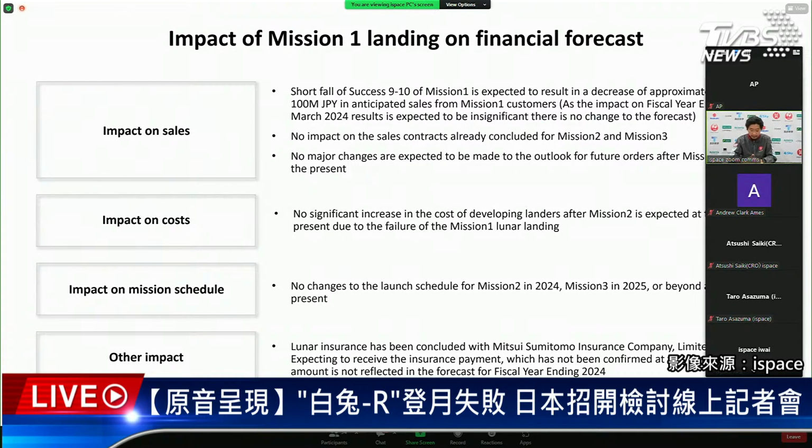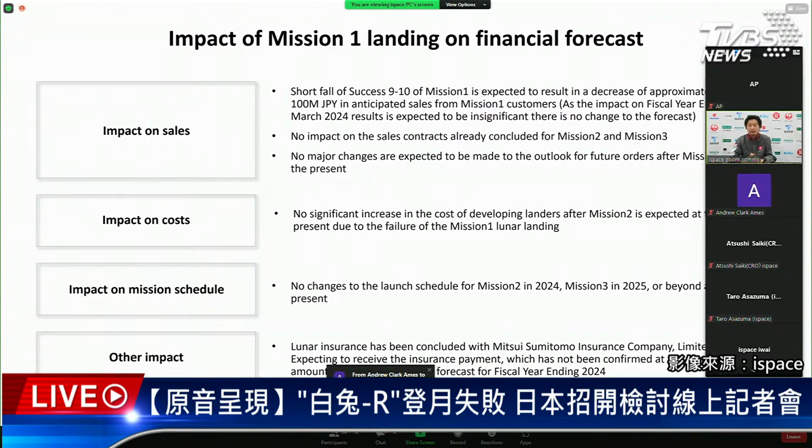So we don't have any change of cost for Mission 2 and Mission 3 due to this failure of Mission 1. As for the schedule of future missions, we don't have any plan to change Mission 2 and Mission 3 due to this Mission 1 failure. We plan to launch as scheduled, 24 for the second mission and 25 for the third mission.